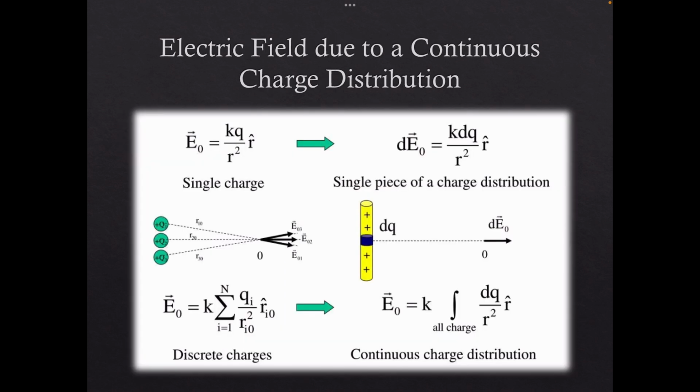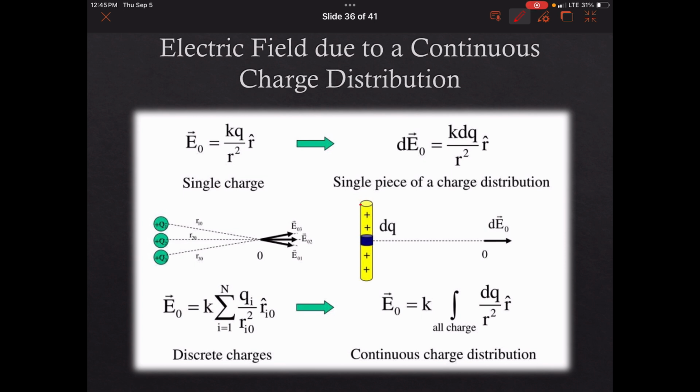So in that example, we added the electric field contributions from each charge together discretely at a location in space. So we can generalize that procedure in the case of a charge that is bigger than a point charge. It's an object with a continuous charge distribution.